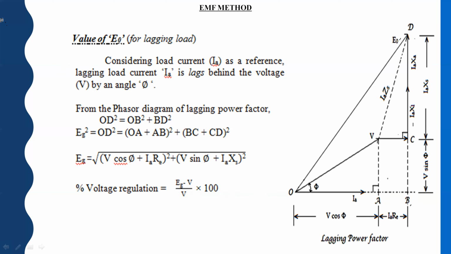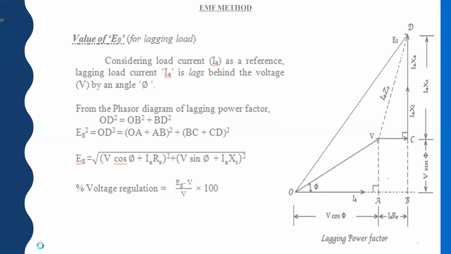Now what is your OD square? E naught square, or EG square, anything is fine. E naught equals (VPH cos phi plus IA RA) square plus (VPH sin phi plus IA XS) whole square. The same thing I have done with an example.